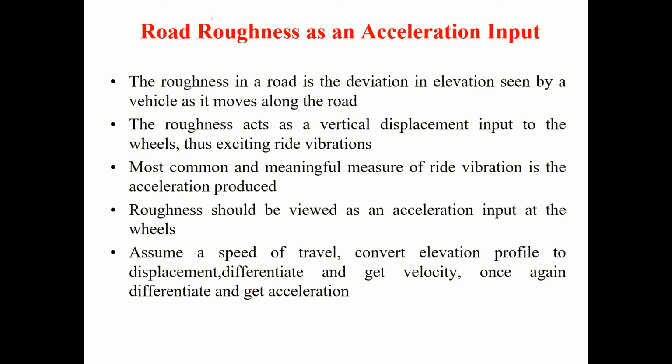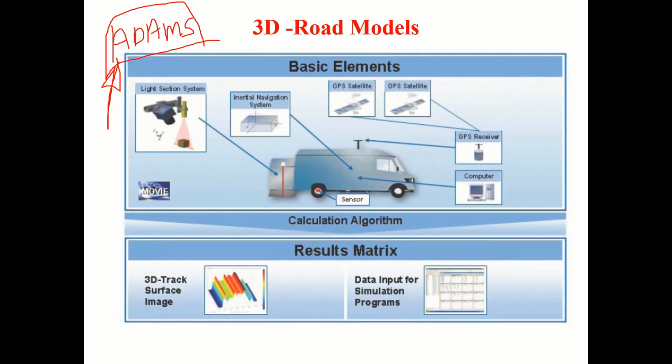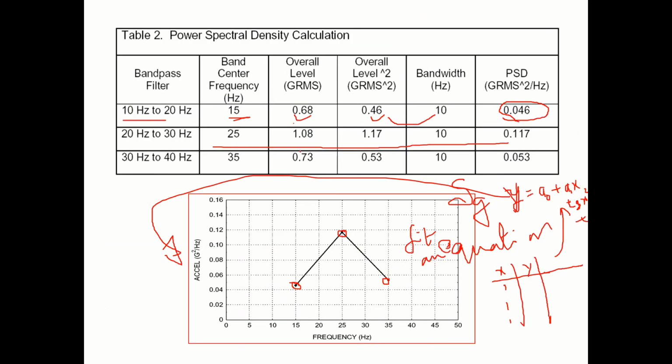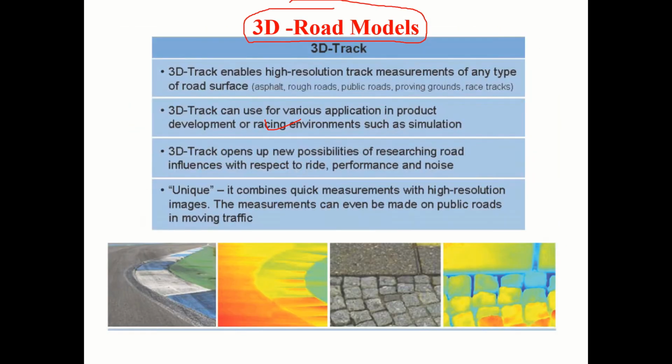Now you see here, road roughness as an acceleration input. What does this mean? We are taking all this, modeling this in this form. That is the input to the vehicle.